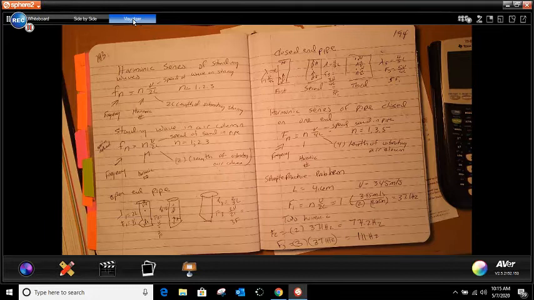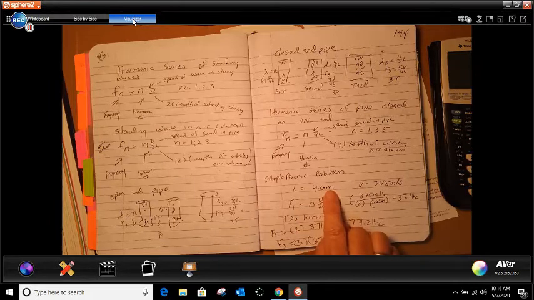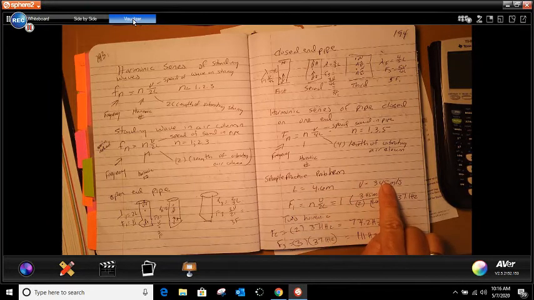So it says, find the first 3 harmonics in a 4.6 meter long brass pipe that is open on both ends, and then the first 3 harmonics of the pipe if one end of the pipe is closed. Assume that the speed of sound is 345. So we have the length of the pipe, which is 4.6, and we also have the speed of sound, which is 345 meters per second.